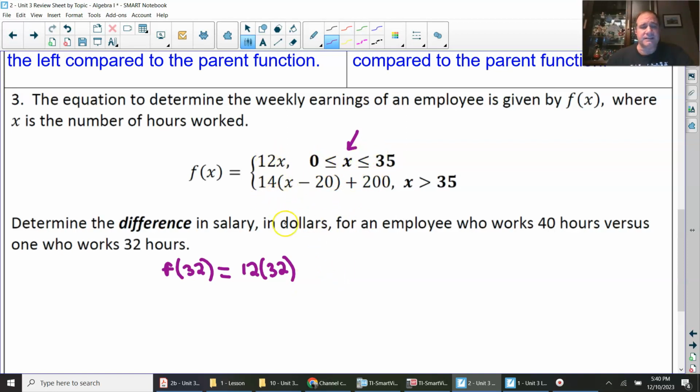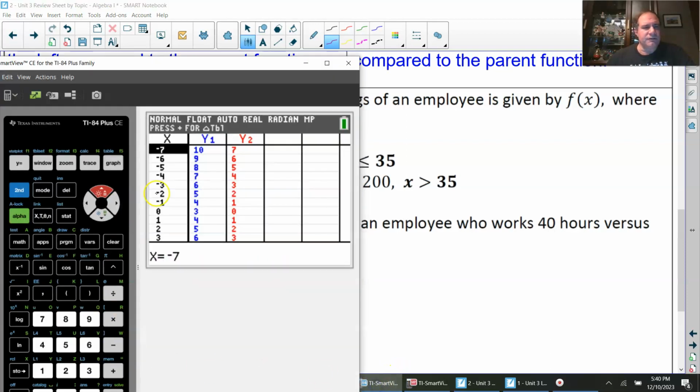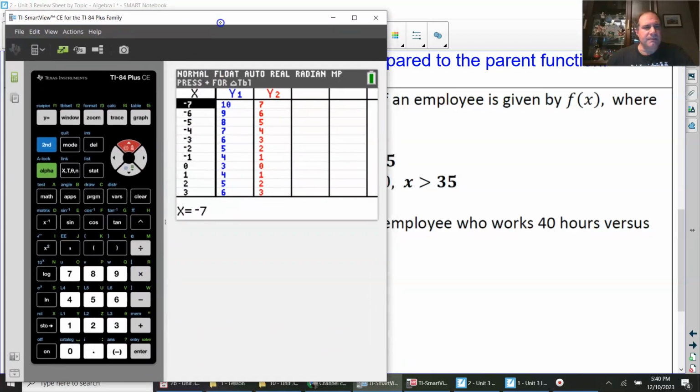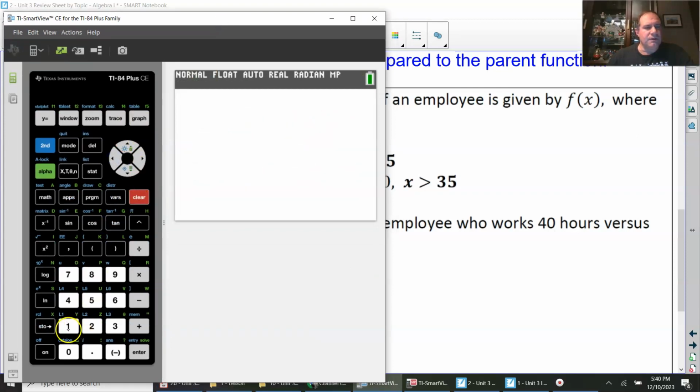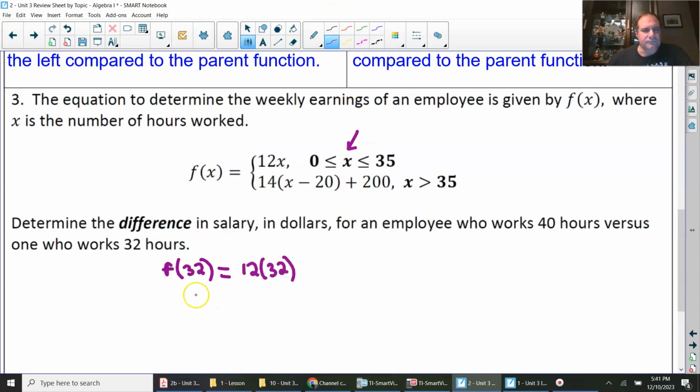So you wouldn't use that second one, you would use that first one. So 12 times 32, let me put this back up here, and we're going to clear out the graphs. 12 times 32, putting it in parentheses, is 384. So f of 32 equals 384.